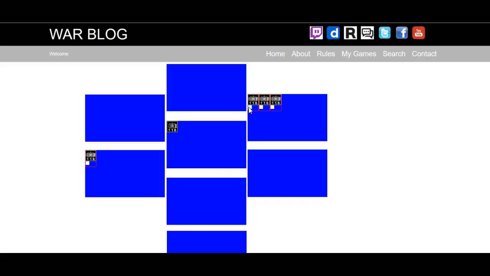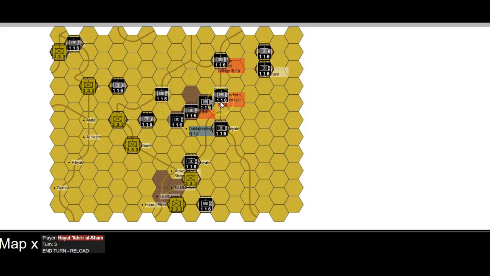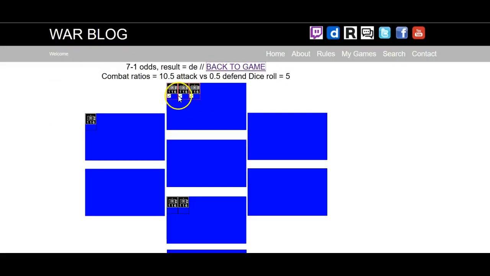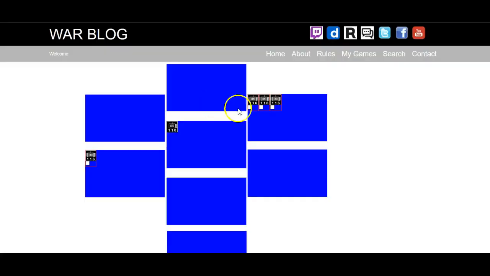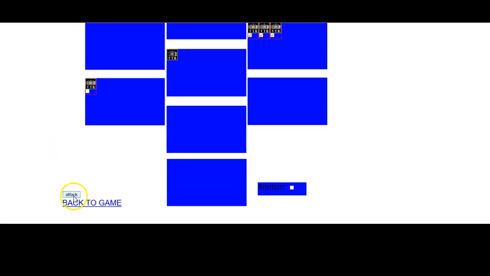I know why that happened. Because it wasn't actually in my hex. I was trying to fight him out of the hex. If we go back and look at that, there's nothing in that hex. And to be quite honest, I've never actually seen that situation before, because you can't attack an empty hex. So that was strange. I'm not even going to try and fix that yet, but hopefully I'll remember, which means I probably won't.